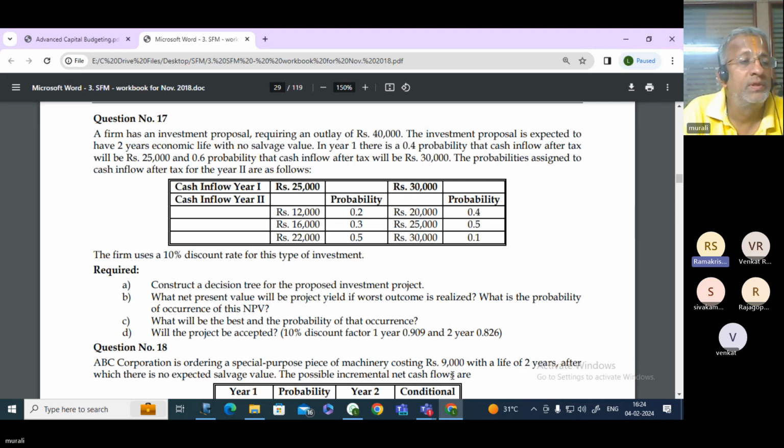They've given us the discount rate. See, one thing you should understand is that sometimes they may indicate what technique you are going to use. They have conveyed to you that a decision tree should be drawn.